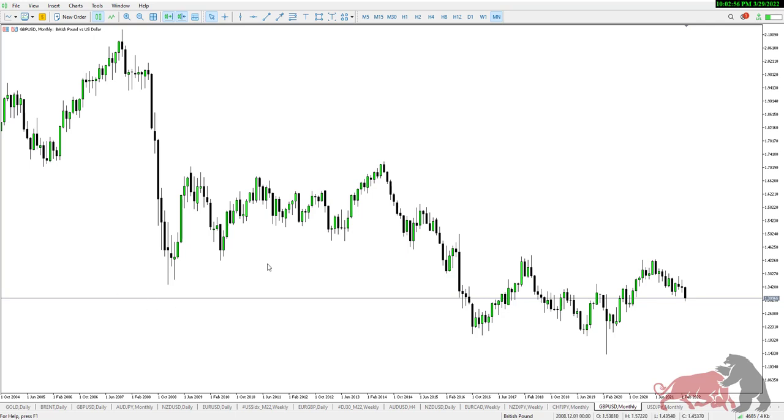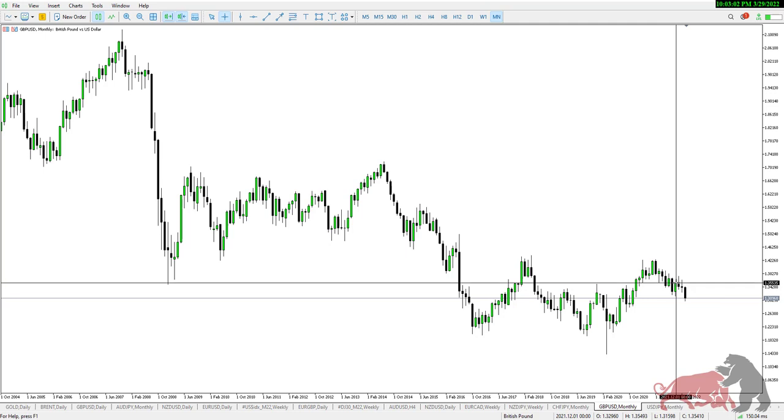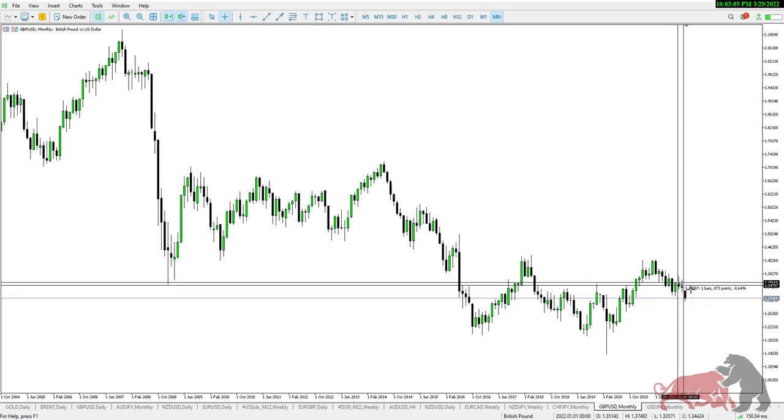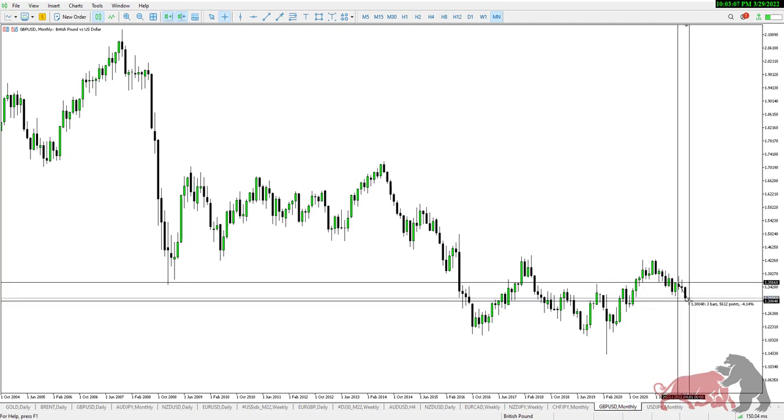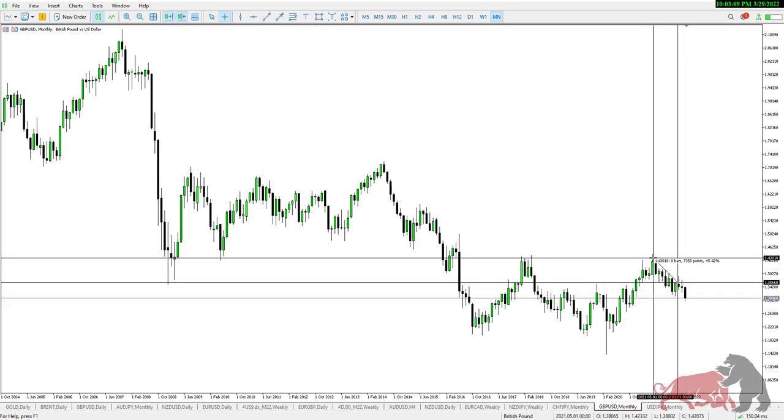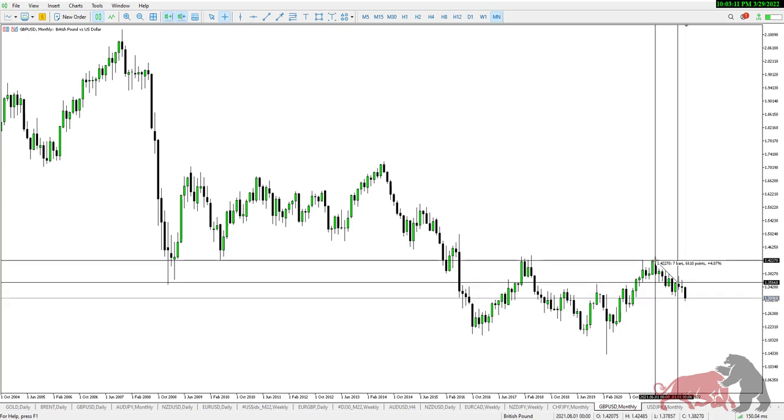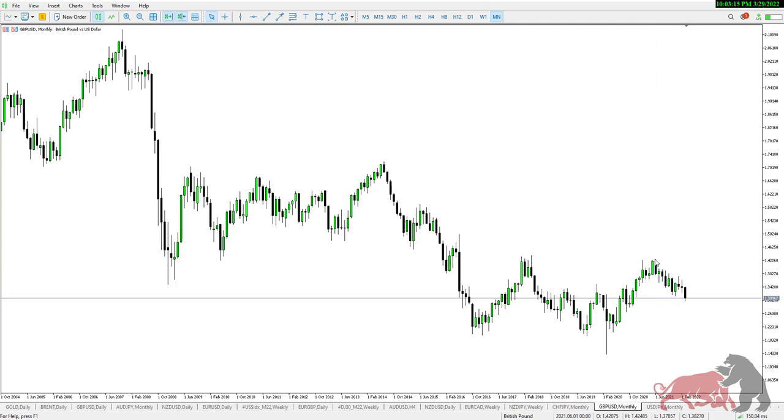Now on the monthly chart, we can clearly see that since the beginning of the year, pound USD has been bearish, and that's a continuation from last year, June or July. At the peak of COVID, we saw weakness coming into pound USD.